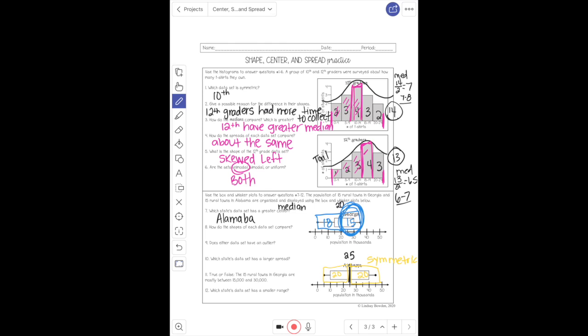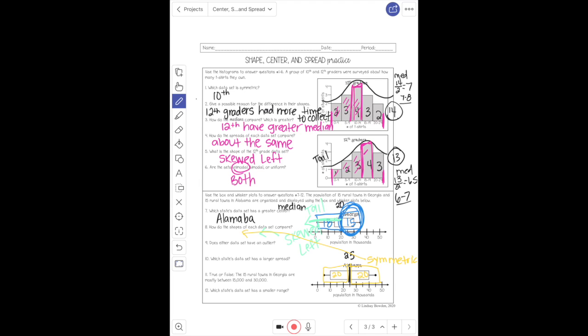So this one is showing me here that the tail is going to be on the longer section. So this is my tail. So therefore this one's going to be skewed to the left. So how do the shapes compare? Again, we would say Georgia is skewed left, and we would say that Alabama is symmetric.